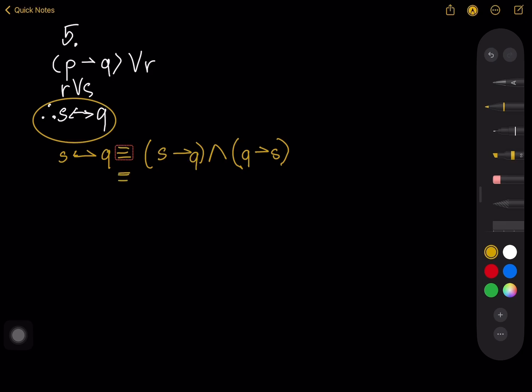And this statement is logically equivalent to not P or Q, and not Q or P. All right, that is our and/or statement for the biconditional of P and Q. And then we're gonna do the negation of this statement, since it is our conclusion.